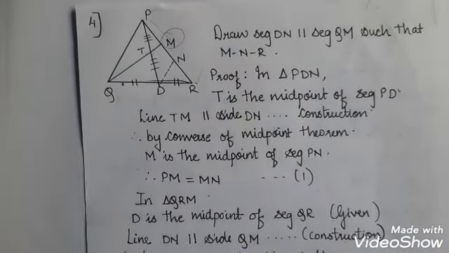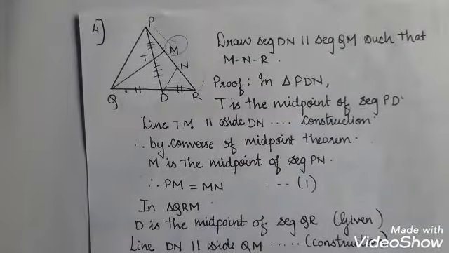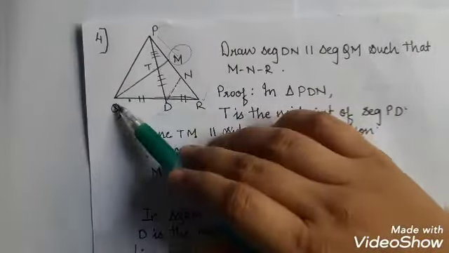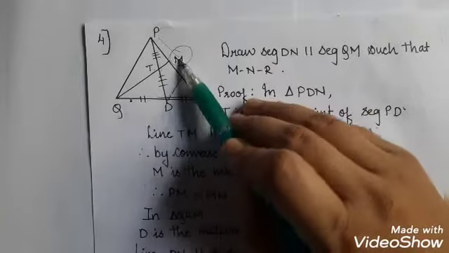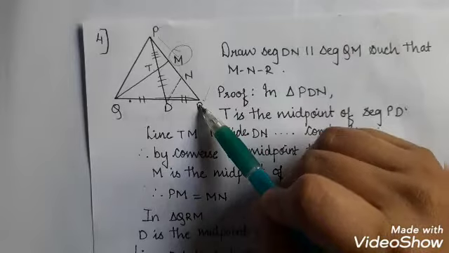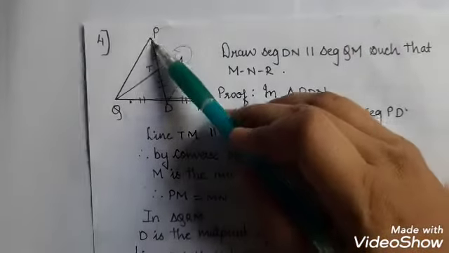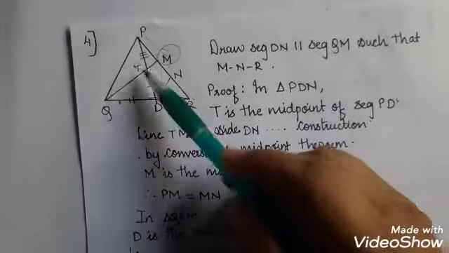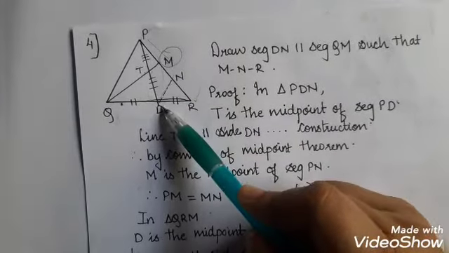So now let's begin. First we'll draw construction. Draw DN parallel to segment QM, such that M, N, R are on PR. Now in triangle PDN, T is the midpoint of segment PD, right?